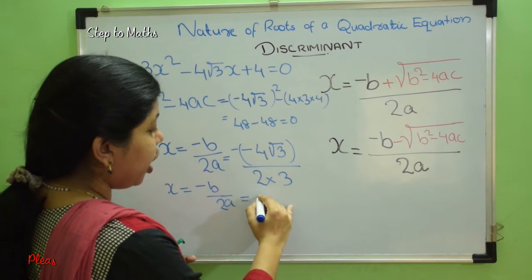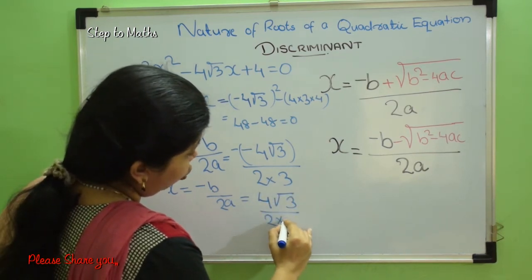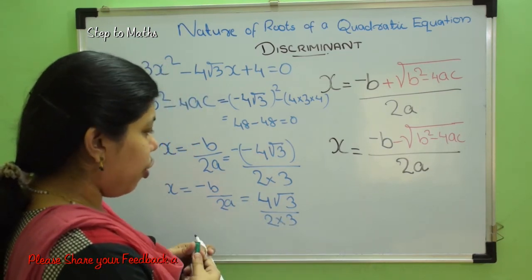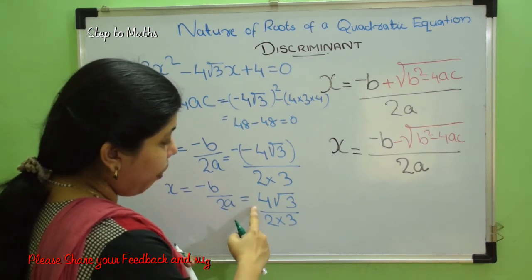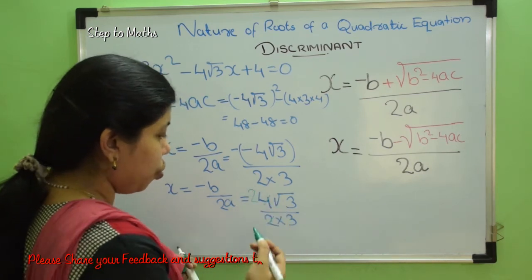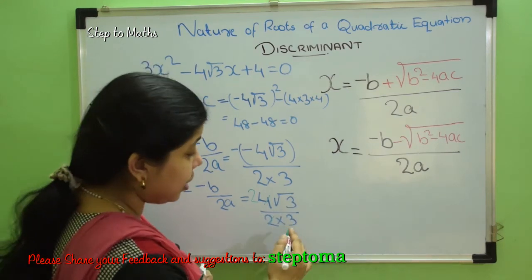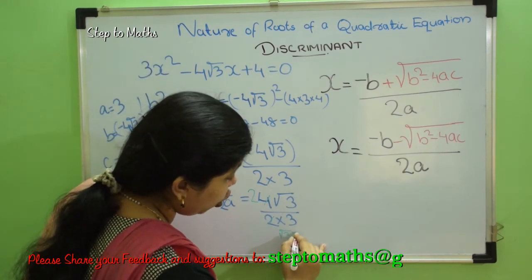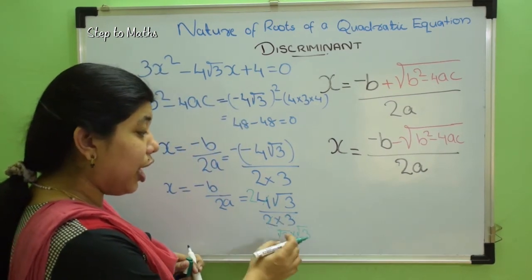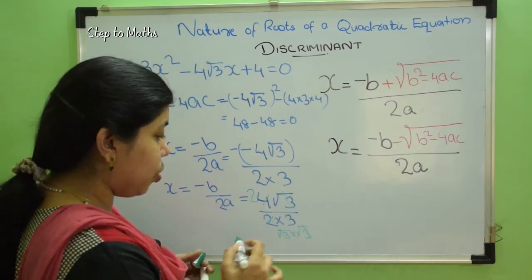Minus of minus 4√3 is 4√3 by 2 into 3. We can simplify it. 4 and 2, cancel: the 4 by 2 becomes 2, and √3. √3 by 3. This 3 we can write as √3 into √3. √3 into √3 is 3. So, we split that 3 into √3 and √3 and cancel one √3 with the other √3.